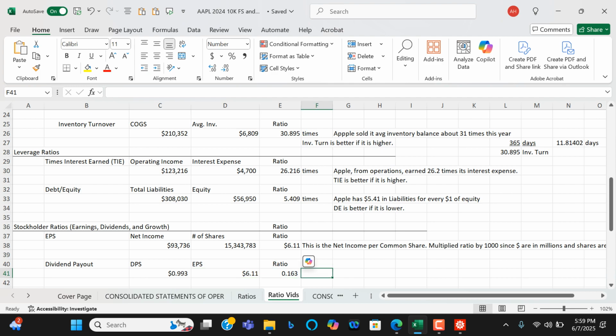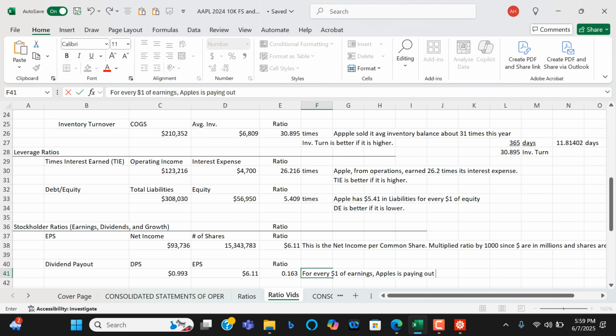Okay, so this is saying that for every $1 of earnings, Apple is paying out 16 cents as dividend. So if Apple makes $1 in earnings, they pay you 16 cents.